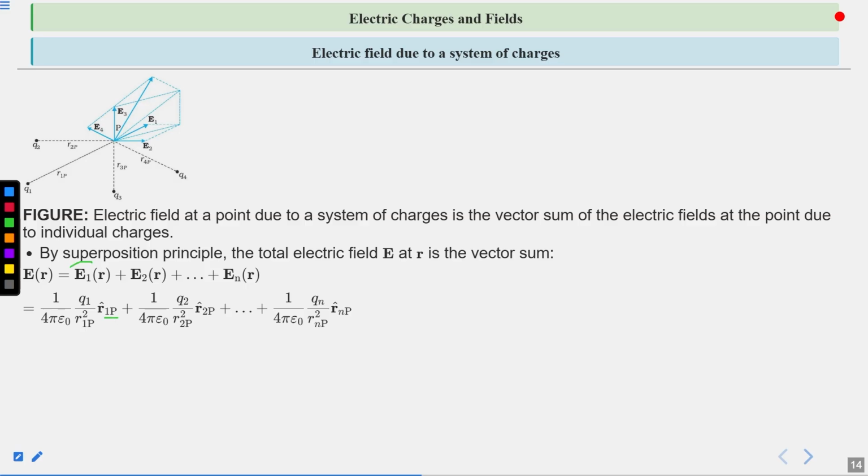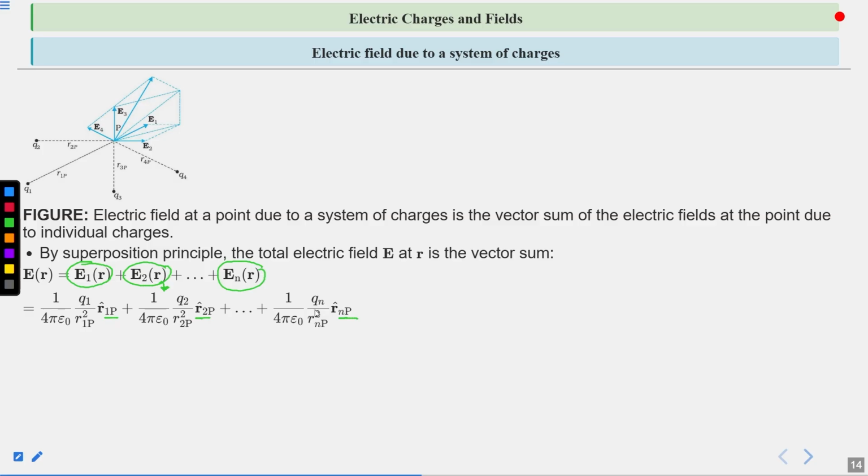Now E2 of R is 1 upon 4 pi epsilon naught Q2 divided by r2p squared, r cap 2p, plus for En of R, it will be 1 upon 4 pi epsilon naught Qn divided by rnp squared, r cap np. So this is the net electric field at point P due to multiple charges.